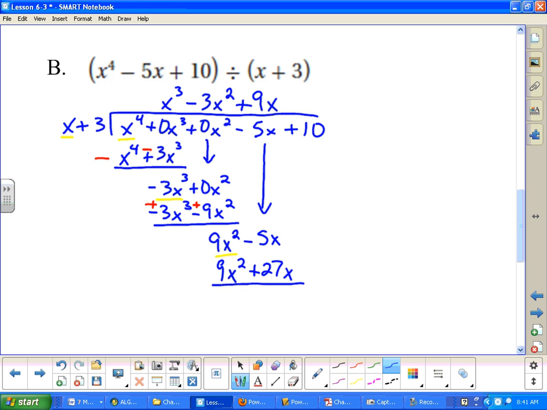Then we subtract, so we change the signs. So we get 0 and then negative 32x. And bring down the 10.